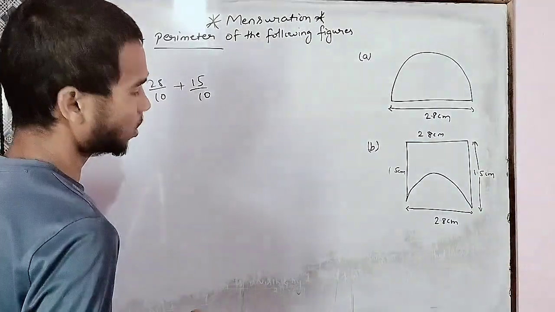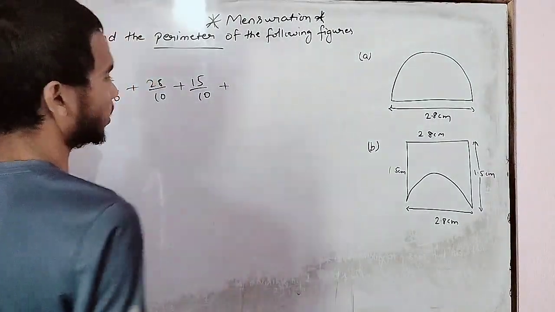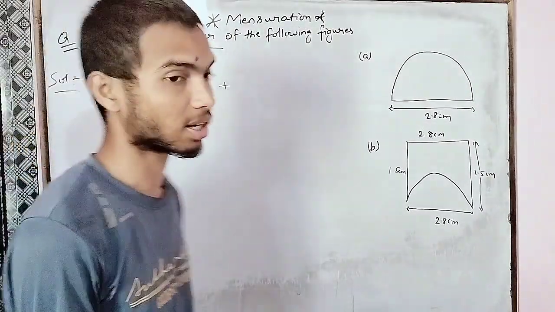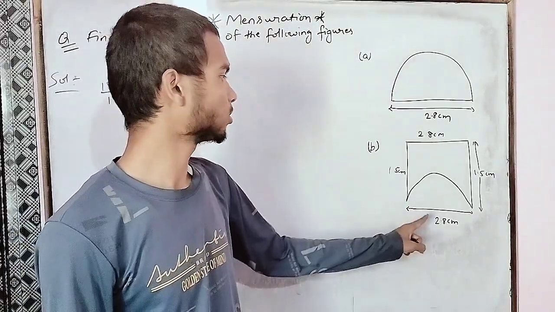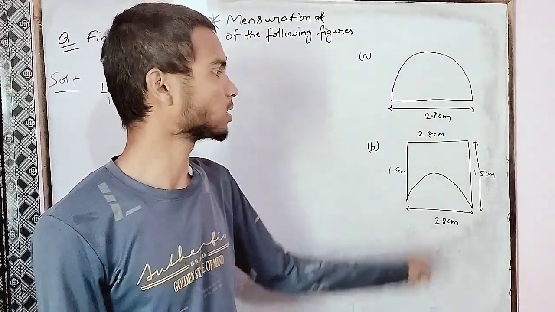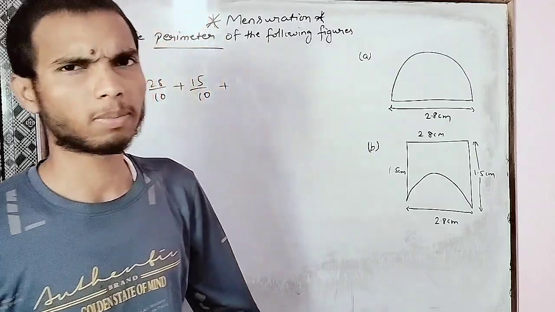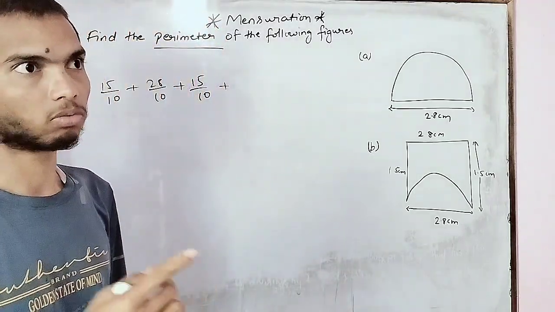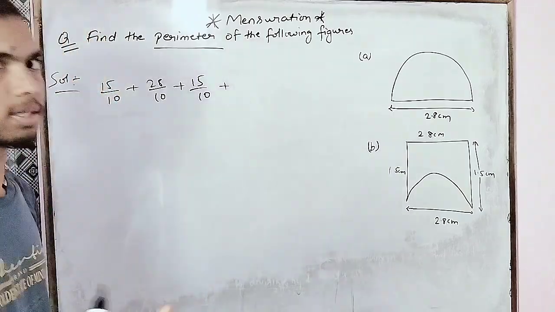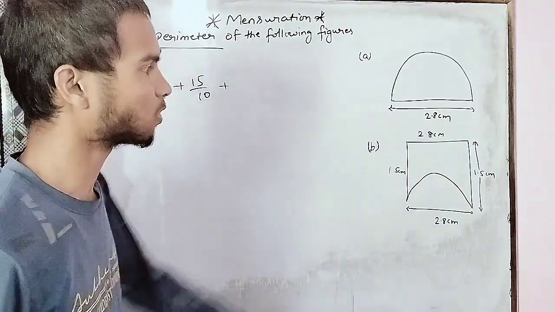Now we have a semicircle again. Of course. So the radius of this semicircle is how much? 7 by 5, otherwise we can say 14 by 10. This is half. 2.8 is the diameter of this semicircle.